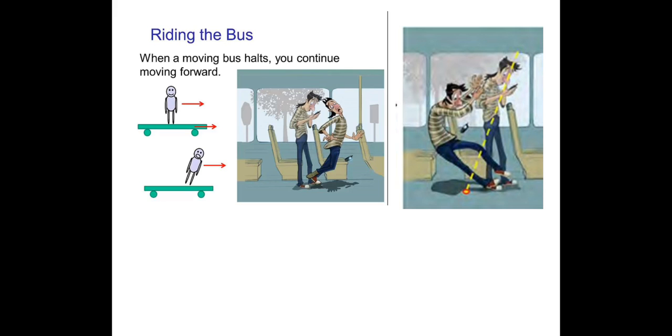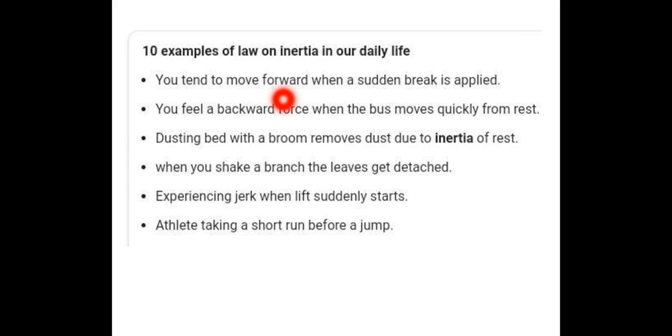There are many other examples. You tend to move forward when a sudden brake is applied. This first I already told you. The third one, dusting a bed with a broom removes dust due to inertia of rest.